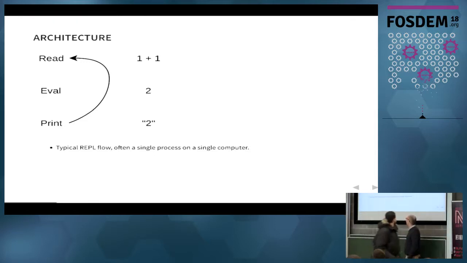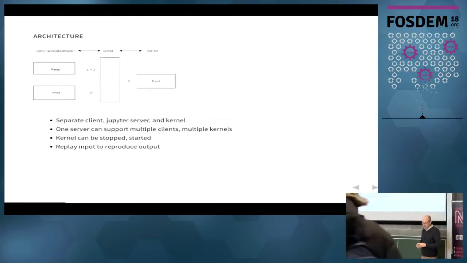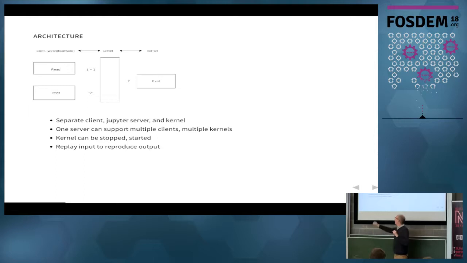It's a simple interface to any program. So the Jupyter architecture basically takes the R and the P and the E and splits them up. The read and the print go over here on the client side, and the eval goes over here on the server side.